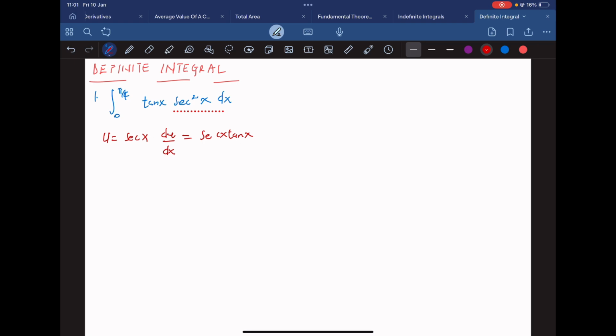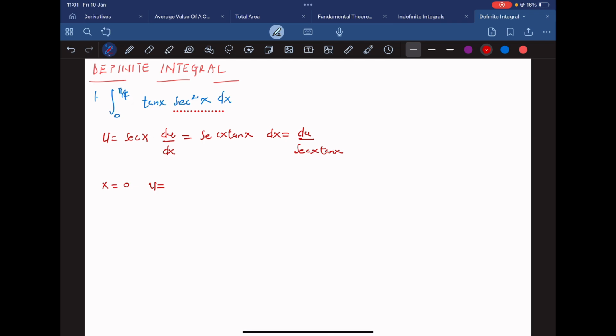Okay, now let's try to find dx. The dx will be equal to du out of secant of x tangent of x. So we have to go back and try to see if this is going to work. Now if x is equal to 0, that is the 0 right here, we are going to have u.